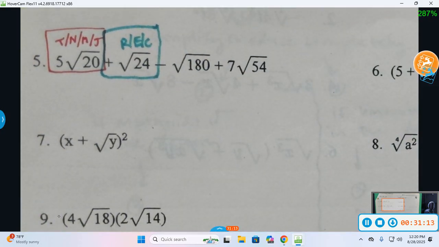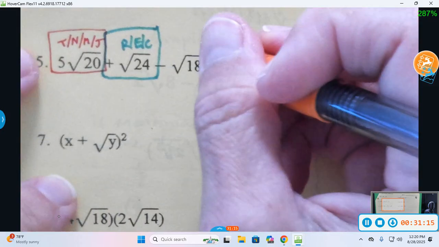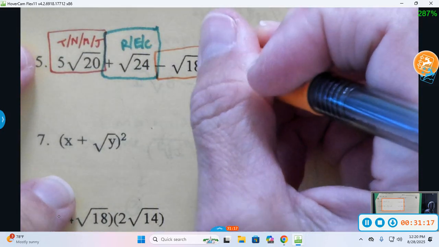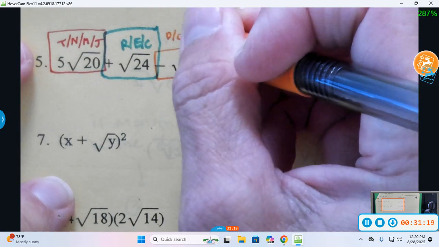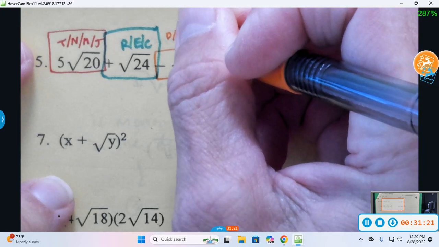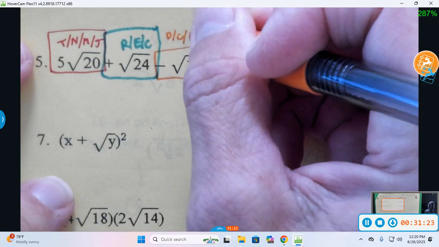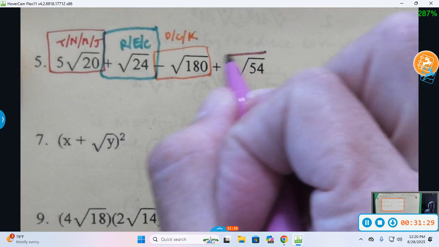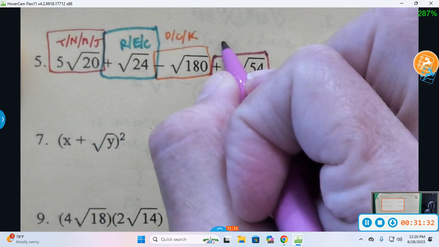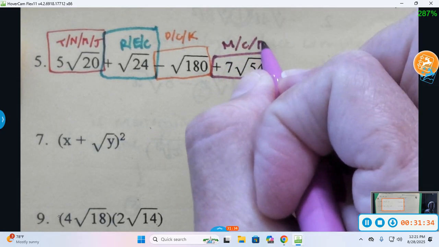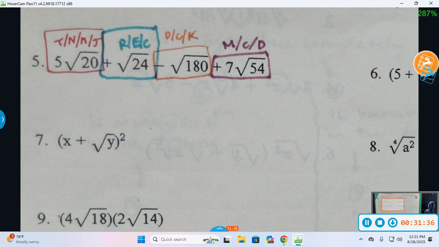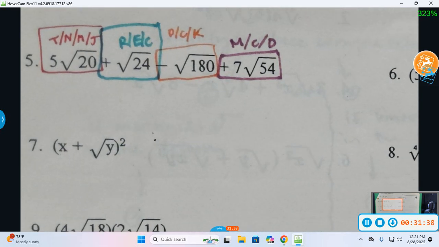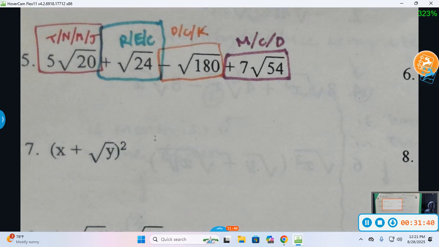All right, then we have Dante, Colin, and Kayla. Is it with a C or K? K. Y'all simplify the square root of 180. And that leaves Matthew, Cam, and Daniel right here. So I just want you to simplify your one part. Let's see if we can simplify that part, and then we'll put it together and we'll add and subtract them.